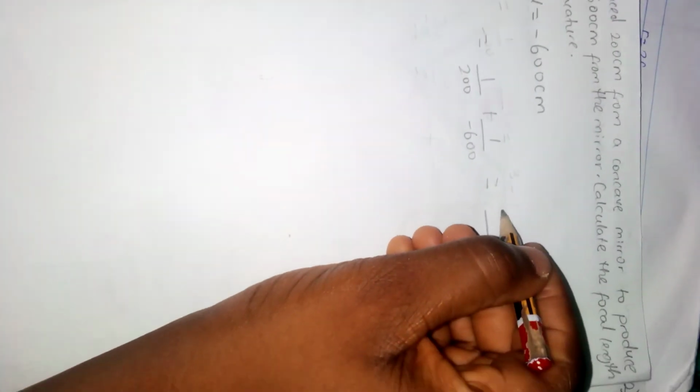That's going to be equal to 1 over 200 plus 1 over minus 600. Now you bring out your LCM, which is 600. That's going to be 3 minus 1 equals 2 over 600.